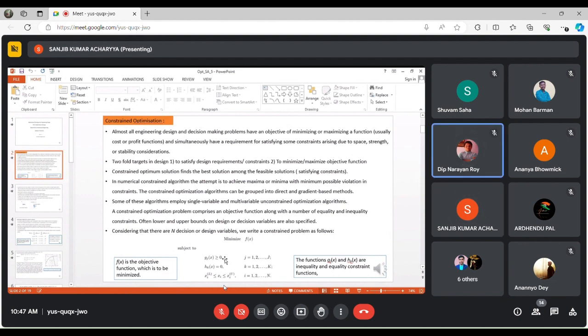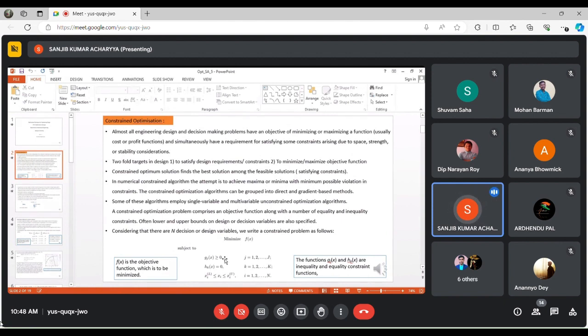Yes, sir. So the new requirement in the constraint optimization problem is to introduce certain criteria, certain logic, which can take care of the quality of the solution based on constraint satisfaction, the feasibility of the solution. Because in the algorithm we already compare two solutions based on the objective function.